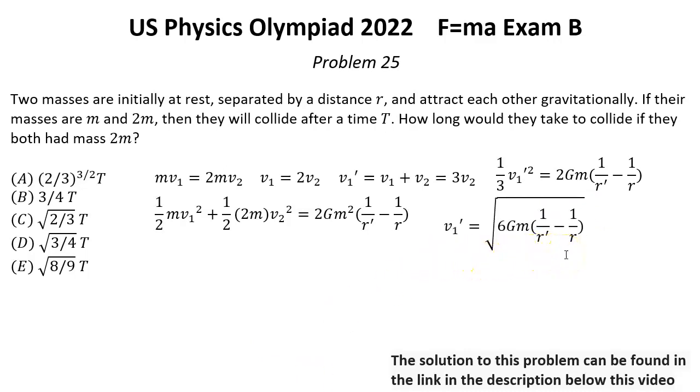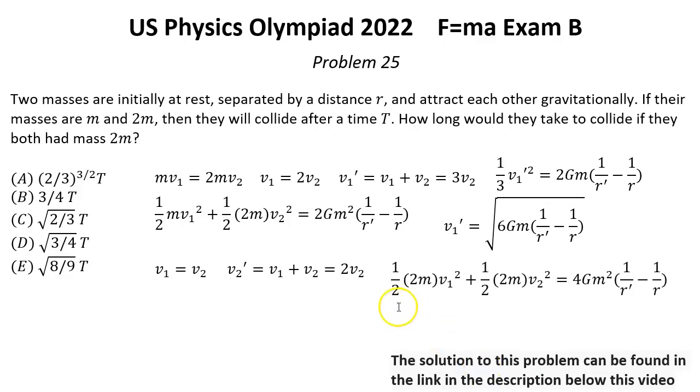Finally we have v1 prime equal to this square root. Now let's see what happens if both masses have mass 2m. In that case, momentum conservation gives us v1 equals v2, relative speed equals 2 v2, and energy conservation gives this expression.